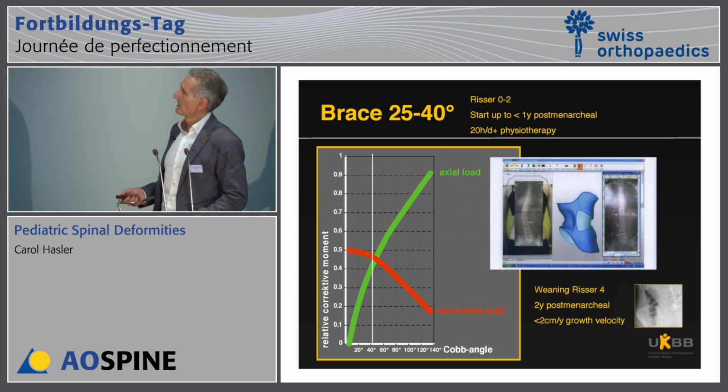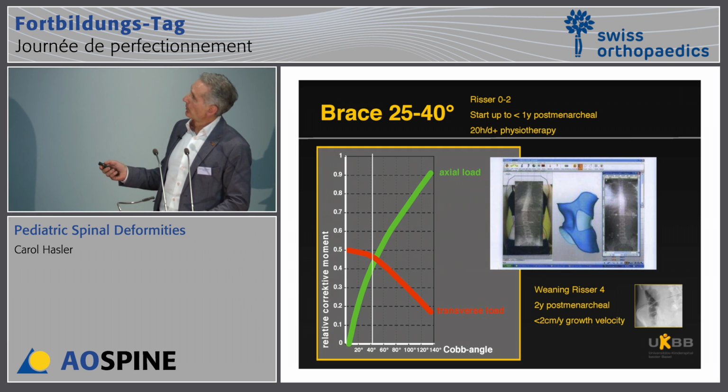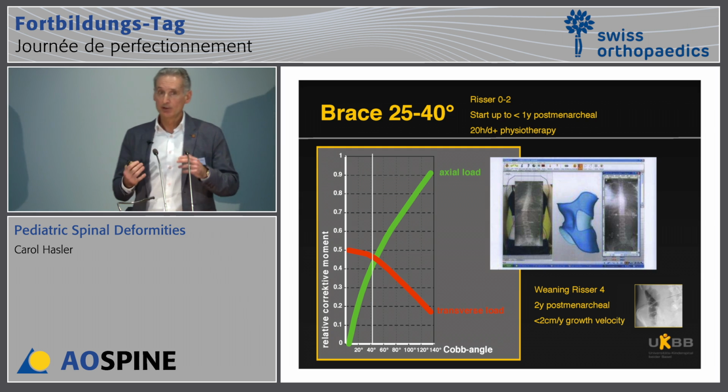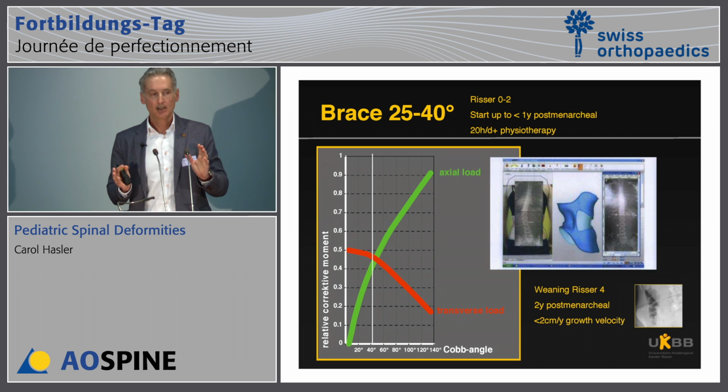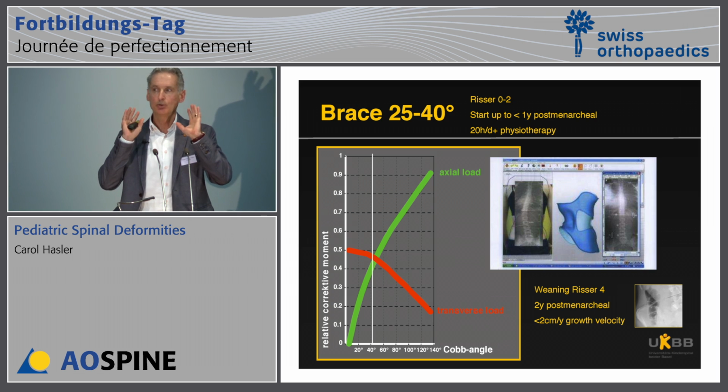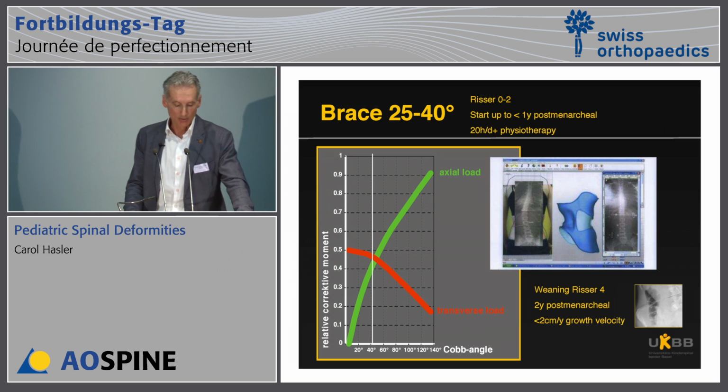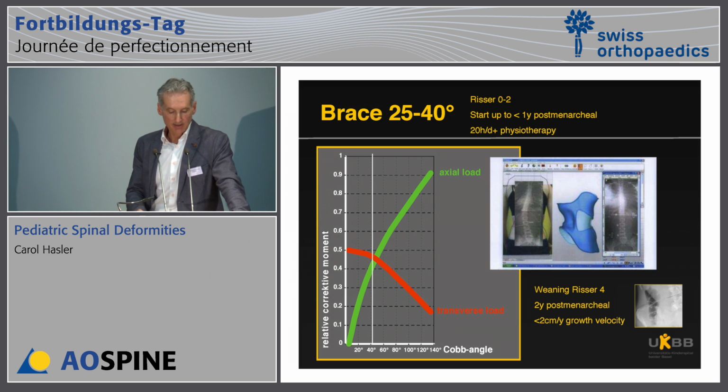Brace treatment is typically successful between 20 and 40 degrees because you put transverse forces on the spine. If there is more deformity, more than 50 degrees, you would need axial load, axial distraction, to correct the spine, and this is not feasible. You would need to put a Milwaukee brace on, which is not done in mid-Europe anymore.